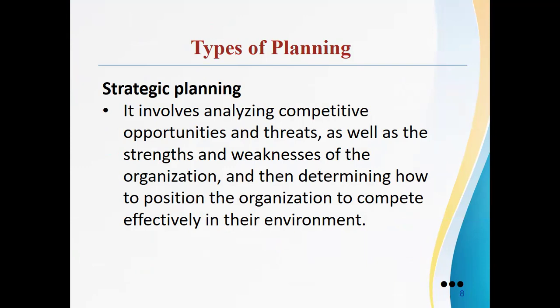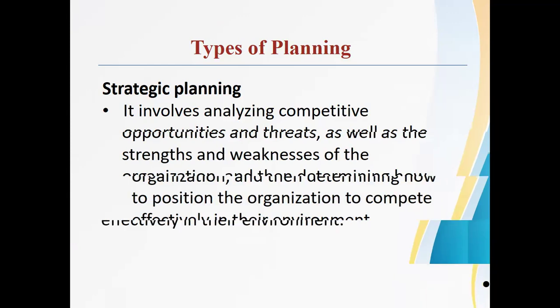Strategic planning tells about the methods to streamline our business operation in order to identify the competitive strategy, the strength and weakness. Accordingly, we can align our path or position for our organization in order to compete effectively in the environment.